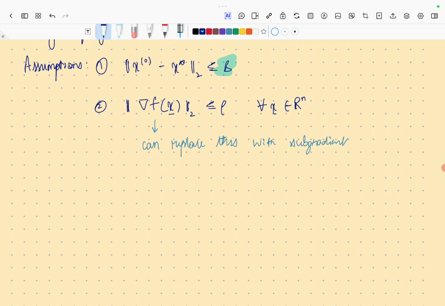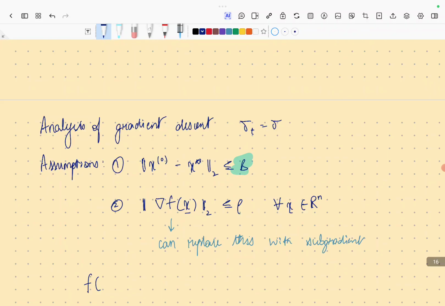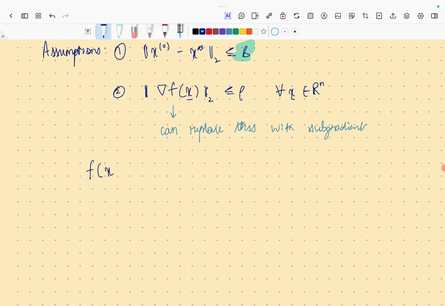So what we want to know is, in t steps, or in other words, I'll put it slightly differently: in t steps we want f of x_t to be less than or equal to f of x star plus some epsilon.